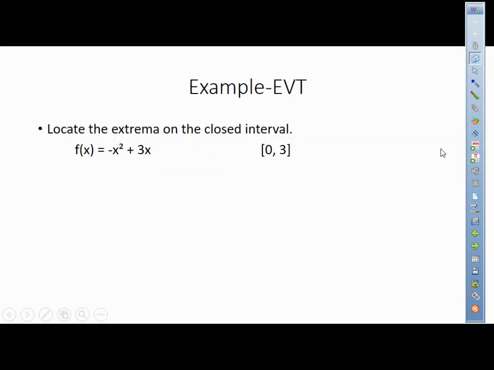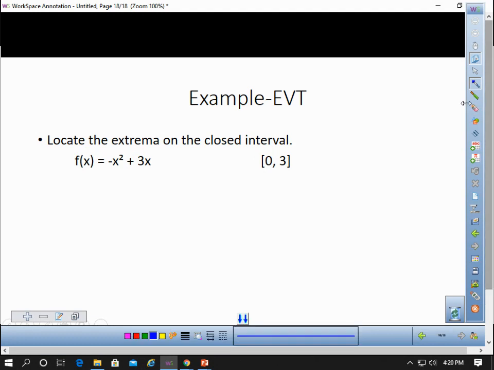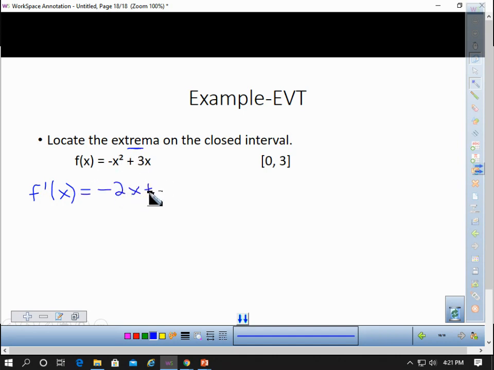So now let's do an example of EVT. EVT says that we have to have a max and a min, so I should be able to find the extrema on this closed interval for this function. How do I do that? I'm going to use the first derivative. f prime of x equals negative 2x plus 3.